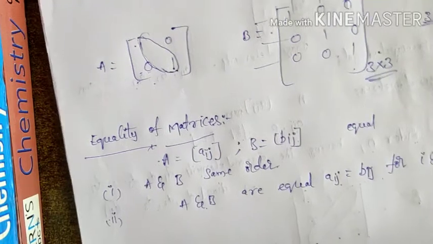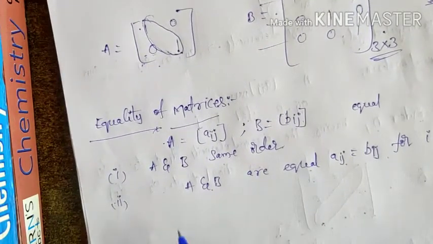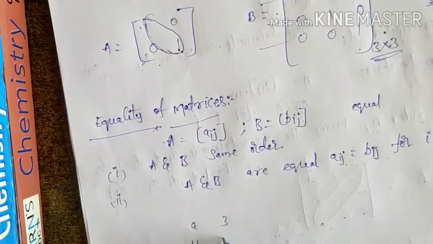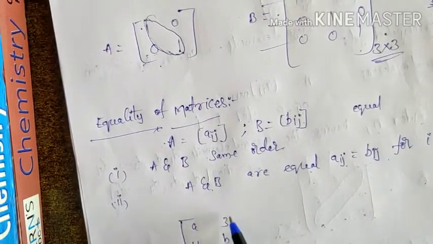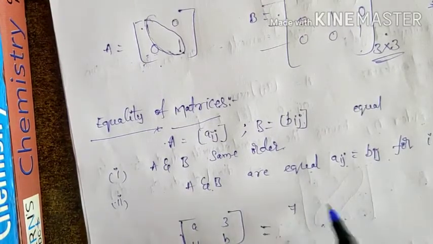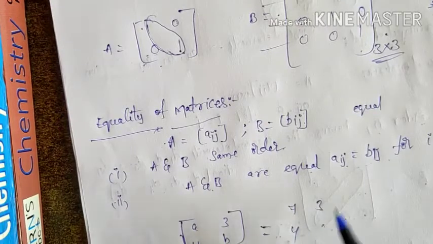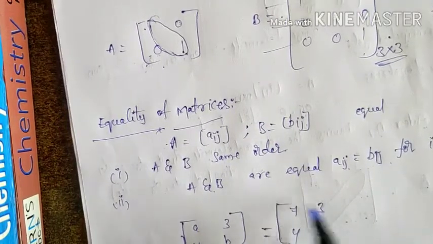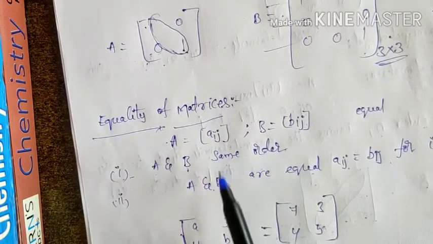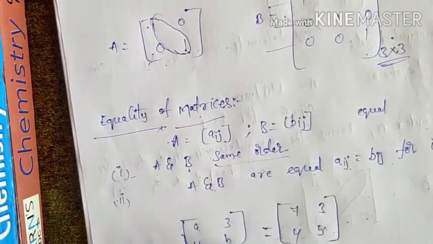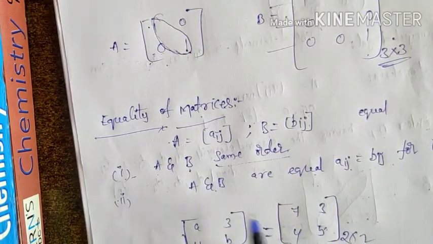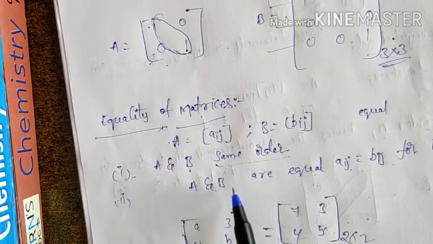Let's take one example so you can understand it in an easy way. Suppose A is [3 4; 7 5] and B is given like this. Here this condition should be applied: A and B have the same order. This order is 2 by 2 and this matrix order is also 2 by 2, and the corresponding elements of A and B are equal.